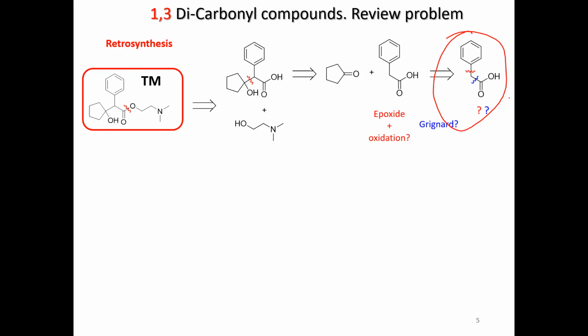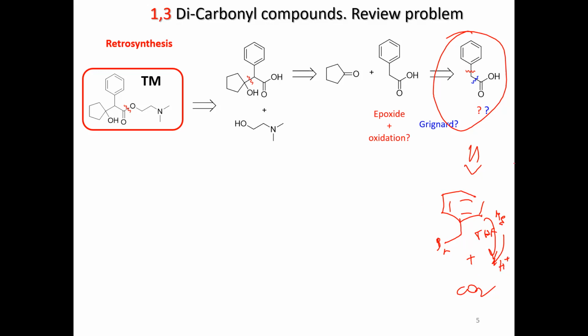So for instance, this one can come from the Grignard here. In synthesis it will be magnesium, THF, bubble CO2, second step, protonation.